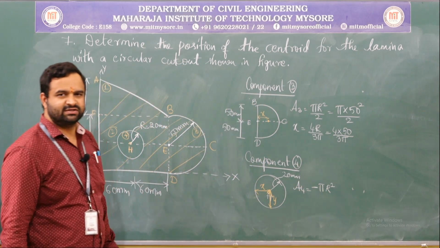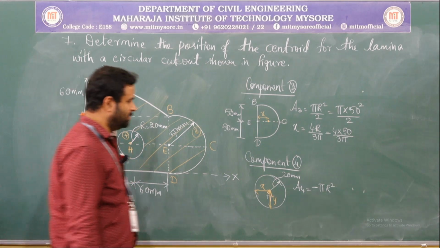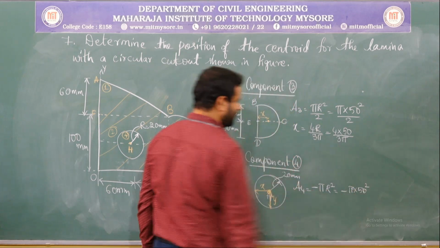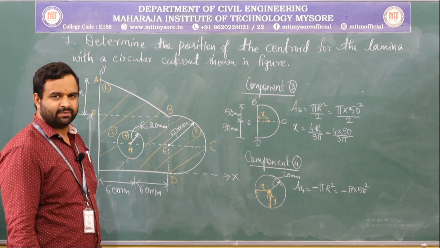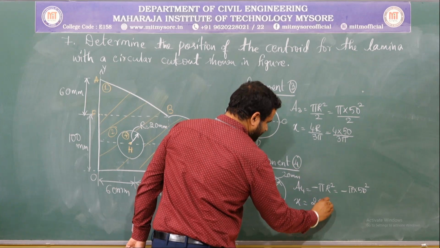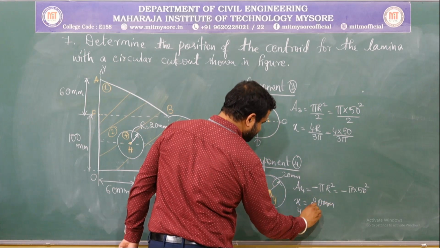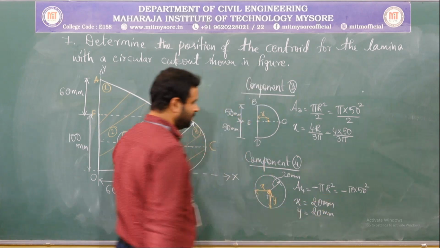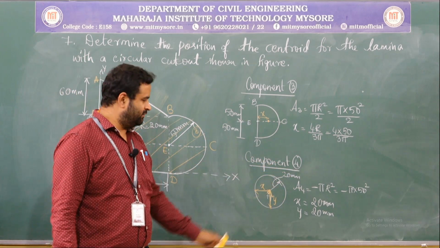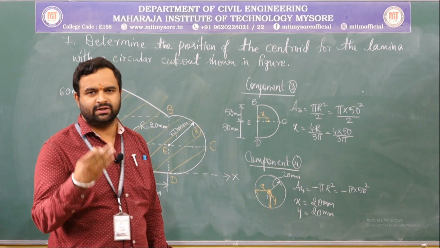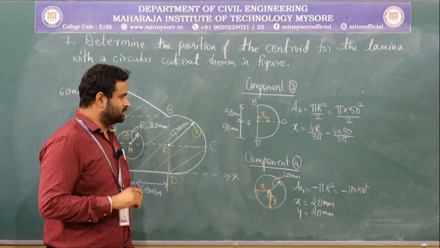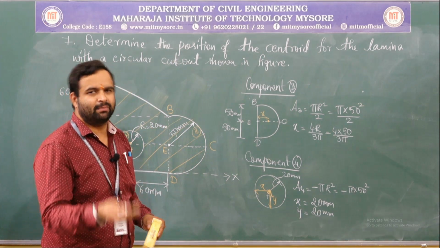Why? Because it is the cutout, it has to be removed. So, this shall be equal to pi into 20 square, but with the minus sign. Then x component of this is 20 mm, it is equal to radius, y component is equal to radius, which is equal to 20 mm. Be careful with the sign, you have to write the negative sign only for the area. If you measure the x and y components with respect to the coordinate axis or the referral axis, take the signs correspondingly. Okay. So, now let us write the same details in the tabular form.